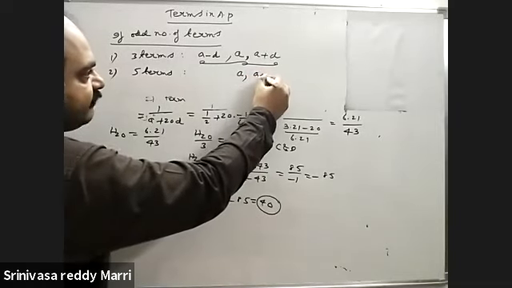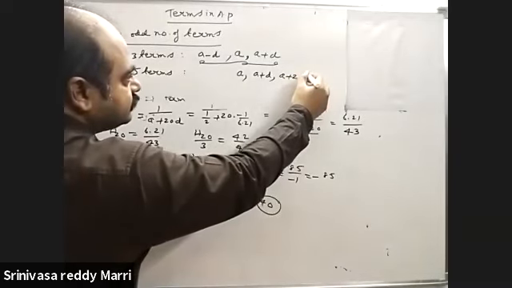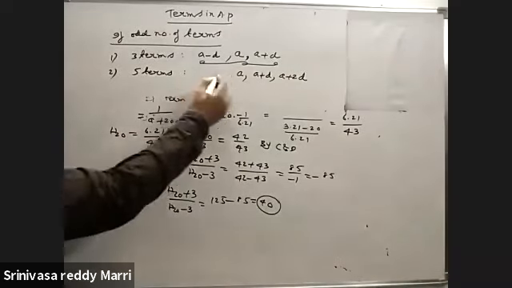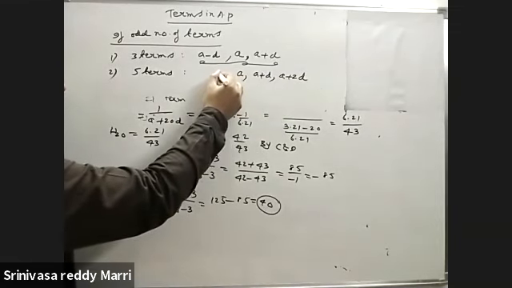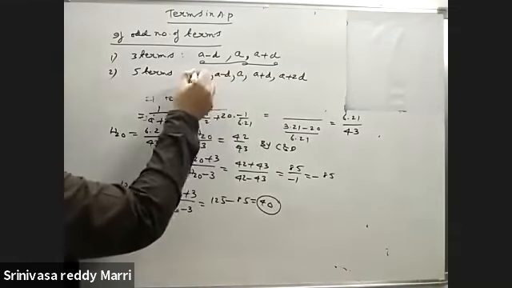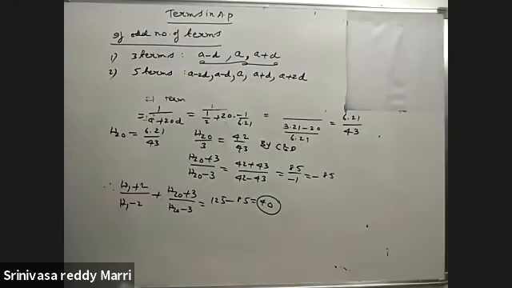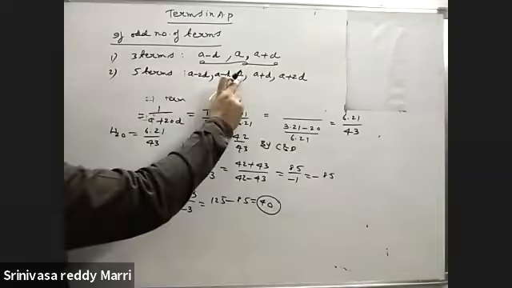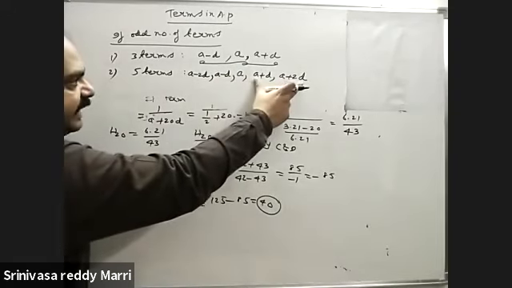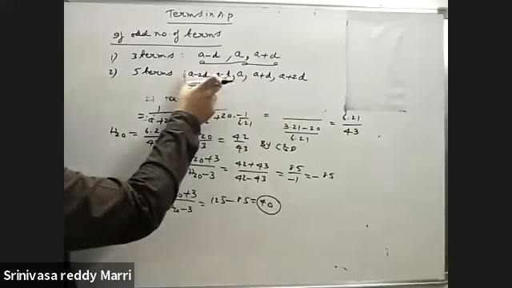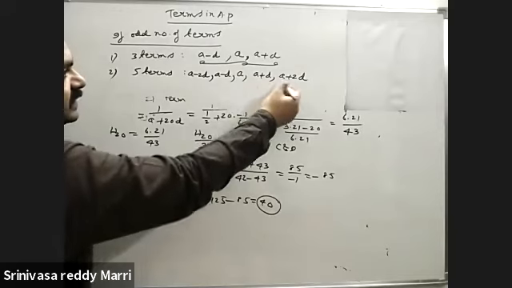That means this side I write A plus D, A plus 2D, and this side just the minus of those. 5 is odd, so only one middle term will be there. Write that middle term A. This side 2, this side 2. These are in AP only, the common difference is D.